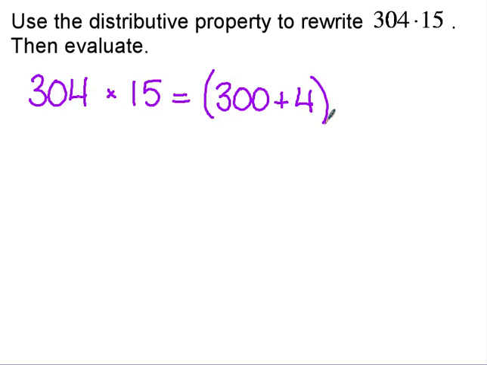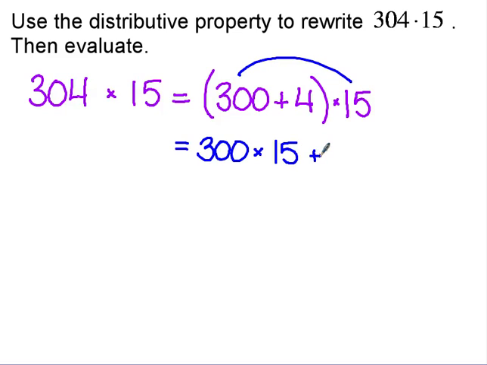Do you see where that comes from? 300 plus 4. And I'm going to take that times 15. So using the distributive property, what that means is 300 times 15 plus 4 times 15. Good.